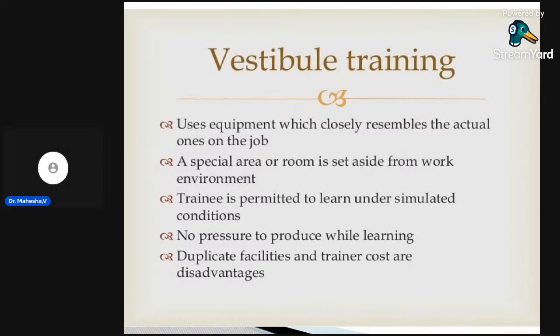Vestibule training uses equipment which closely resembles the actual equipment on the job. That's why I said an artificial simulated environment is created.